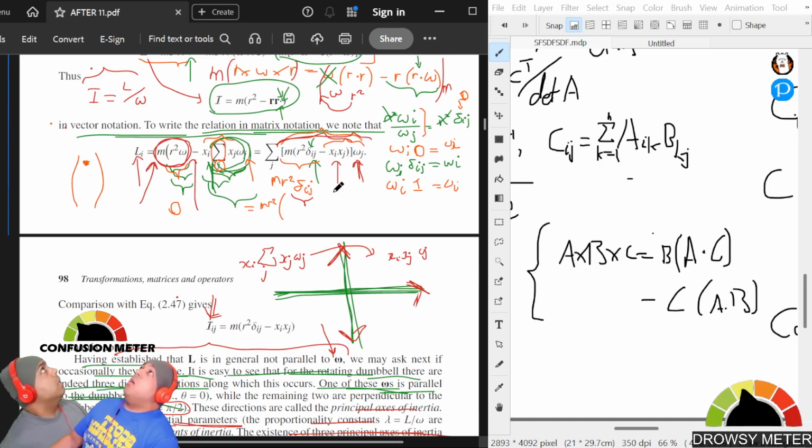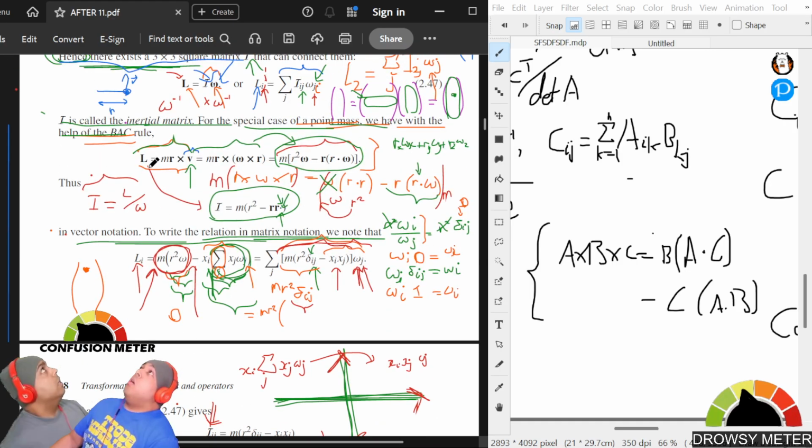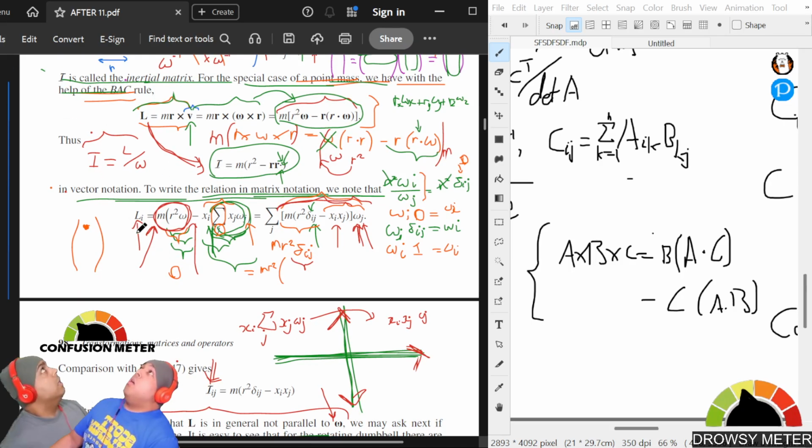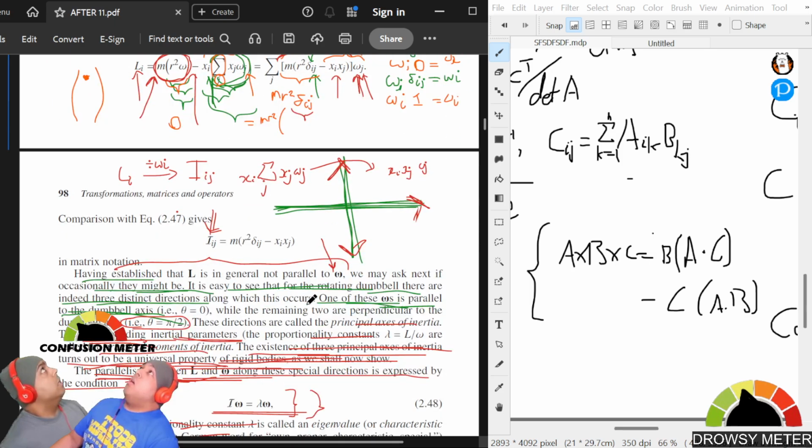Okay, let's move on. m r squared. The reason they put the summation outside is so they can factor out this omega, so they can make the conversion of L to I easy with just the division by omega_i. L_i to the inertia matrix I_ij is just divided by omega_i. Okay.